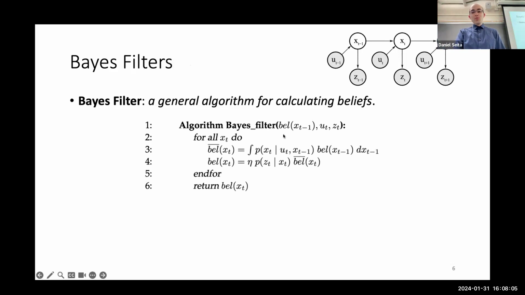This is also a little bit tricky because it's not really showing every single possible step. It's really only showing one time step. So you have your Bayes filter with the variable as input, and they have t or t minus 1 as their subscript. Whenever you see something like that, you should think of it as a kind of recursive algorithm.